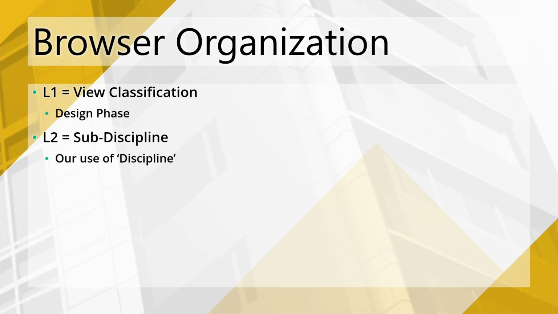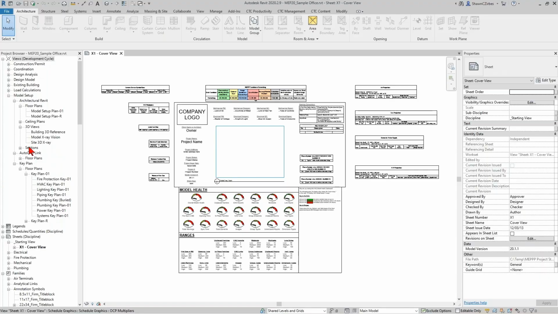We don't use the real discipline anywhere within the browser organization for floor plan, elevation, ceiling plan style views. And then finally, it's organized by the parameter family, which determines what kind of view it is, i.e. a floor plan, an elevation, a section, a 3D view, or whatever. And then underneath that, it's just sorted by name for those view types. So this is the organization structure that you're going to see in the project browser.